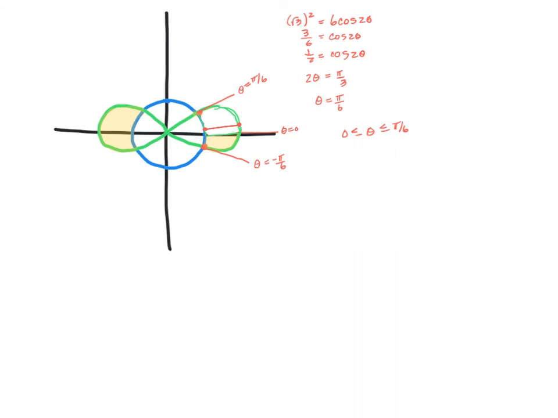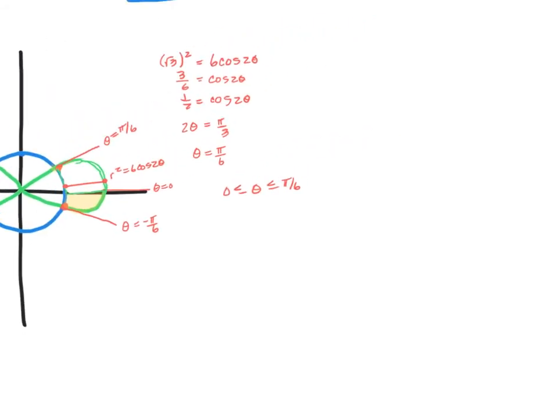But the outside of the curve is r squared equal to 6 cosine of 2 theta. I need r, right? So this is r squared equal to 6 cosine of 2 theta. So let's go ahead and figure out what r would be.